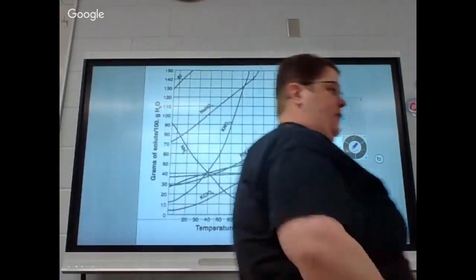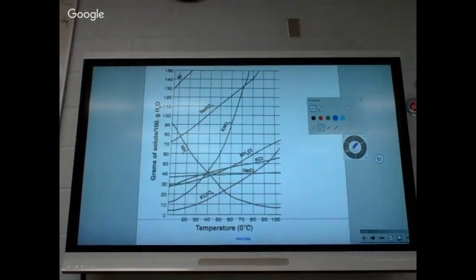You got to find the compound, the temperature, and find the solubility. All right, we got it?